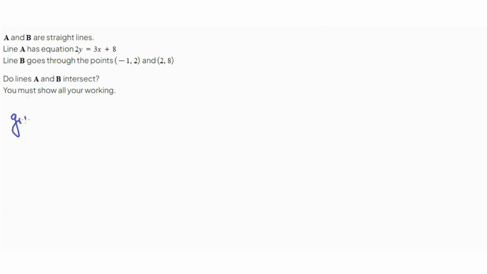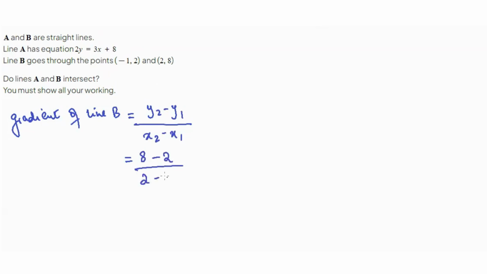So let's start with finding the gradient of line B, which is going to be y2 minus y1 over x2 minus x1, 8 minus 2 over 2 minus -1. That's going to be 6 over 2 plus 1, which is 6 over 3, and that equals 2.